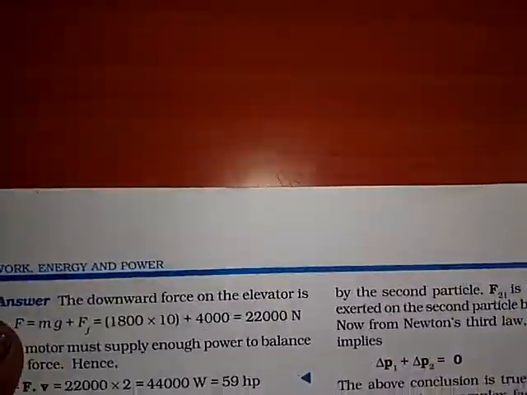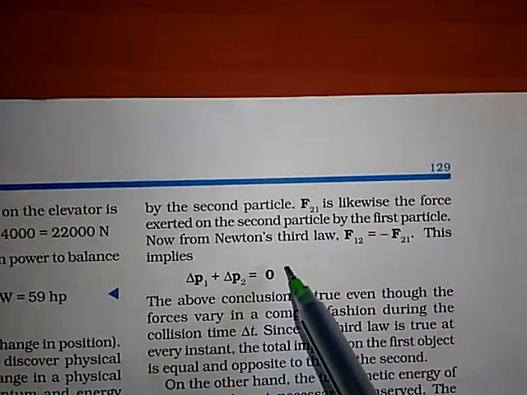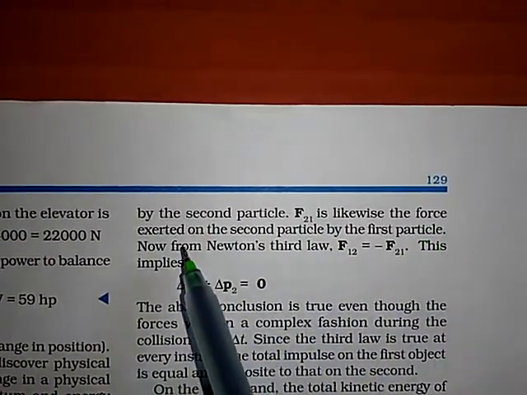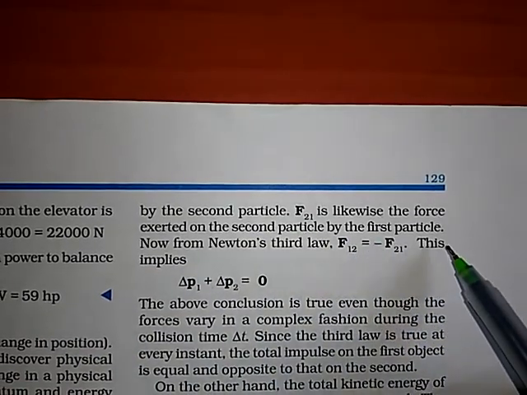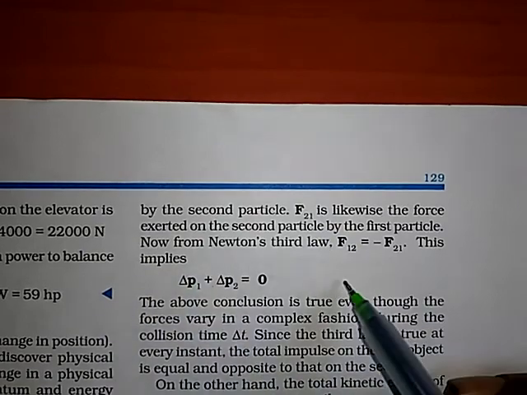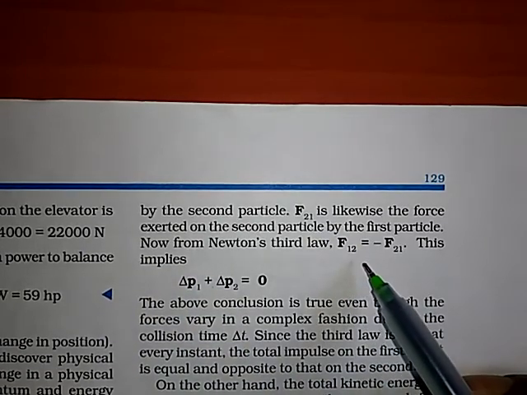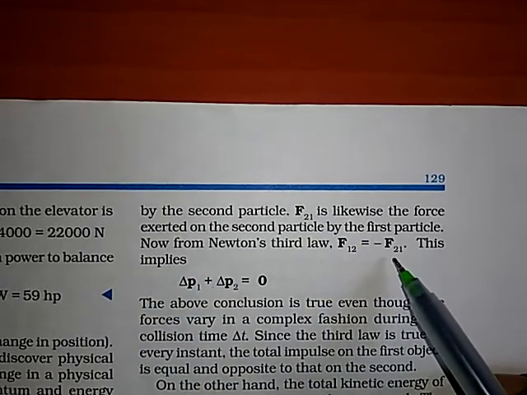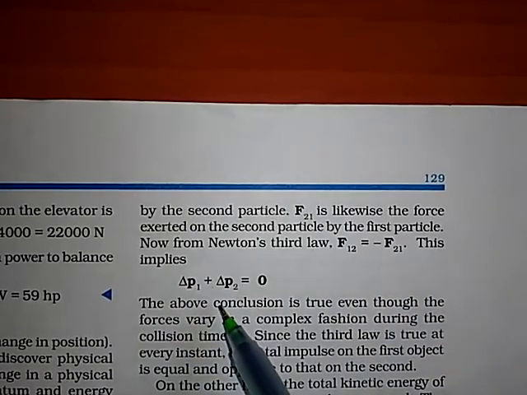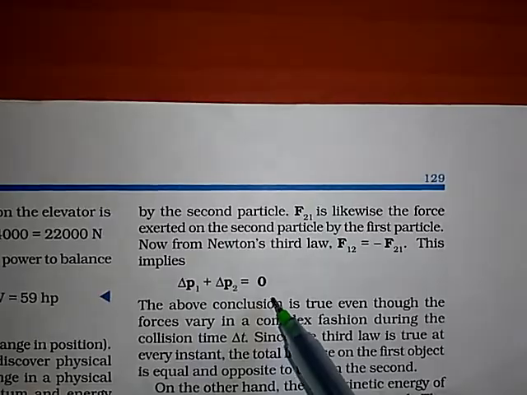by the second particle. And similarly, F21 is likewise the force exerted on the second particle by the first particle. Now from Newton's third law, F12 is equal to minus F21. This implies delta P1 plus delta P2 equals 0.